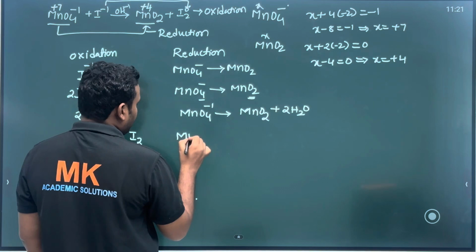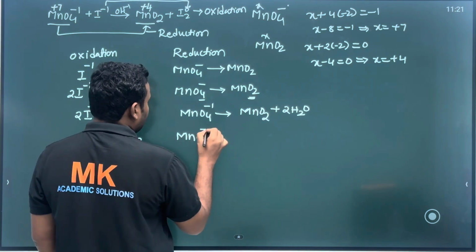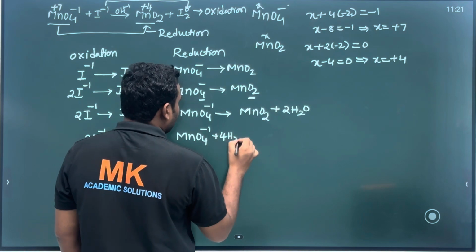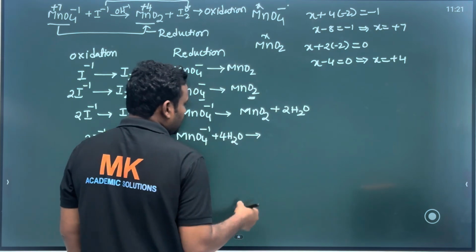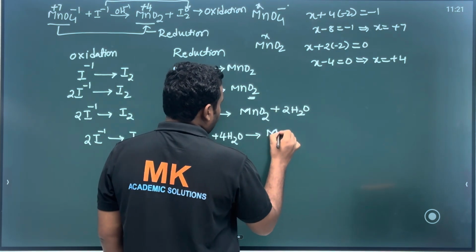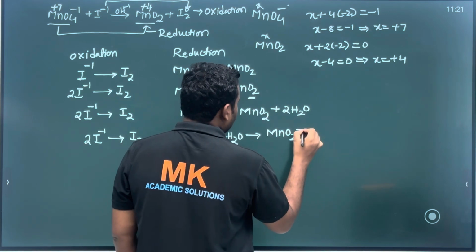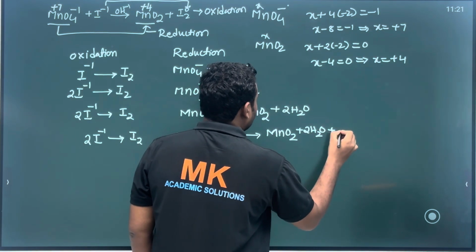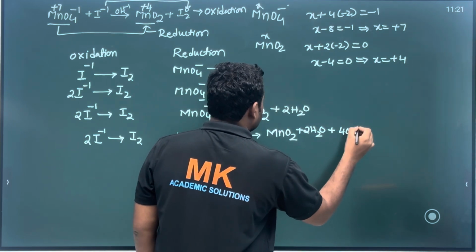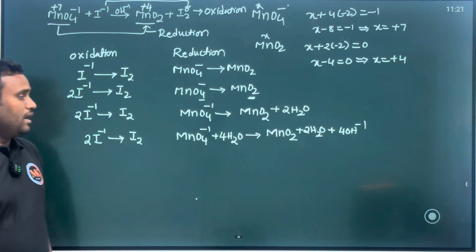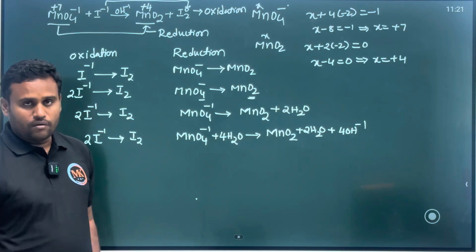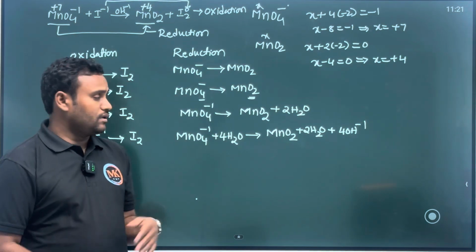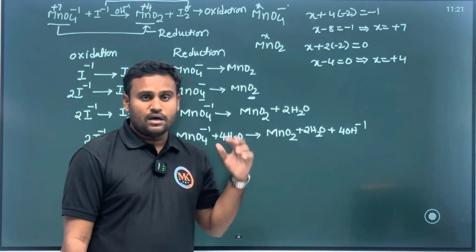So MnO4 minus plus 4H2O gives rise to MnO2 plus 2H2O plus 4OH minus ions. So this is the way of balancing hydrogen atoms in the basic medium.